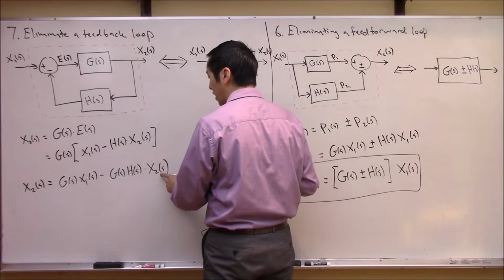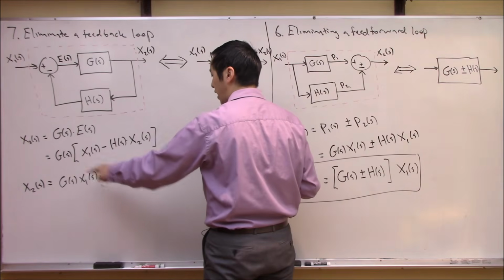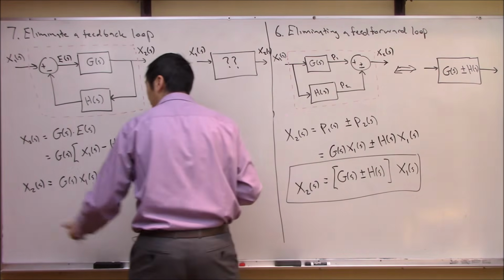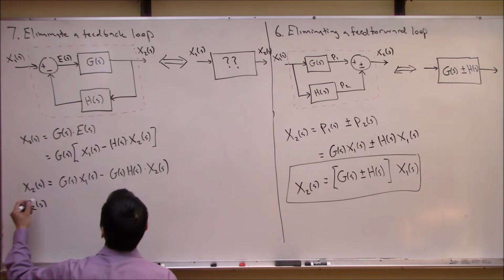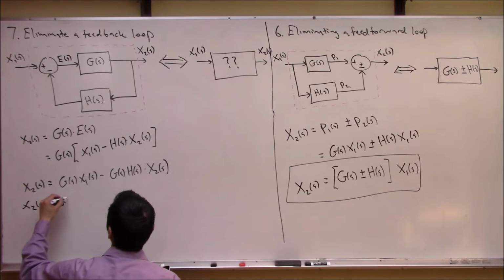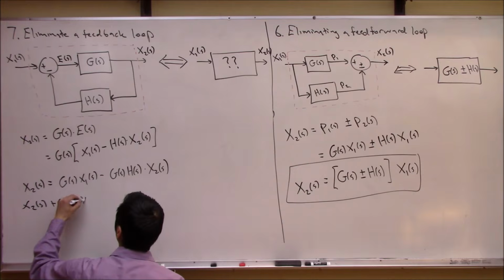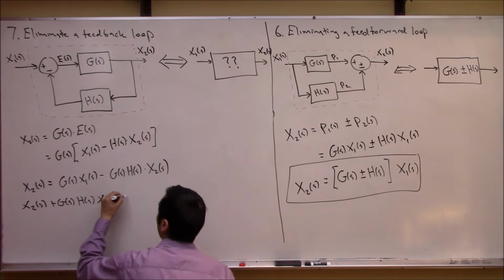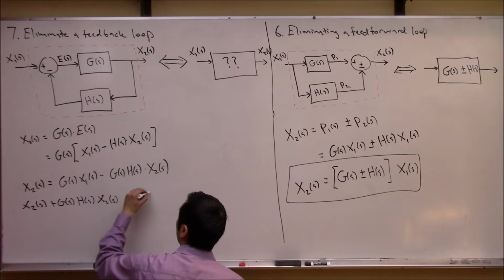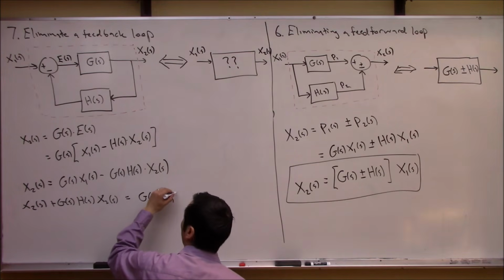What we're going to do is move this term to the left side. So we end up with x2 of s plus g h times x2 on the left-hand side, equal to g x1.